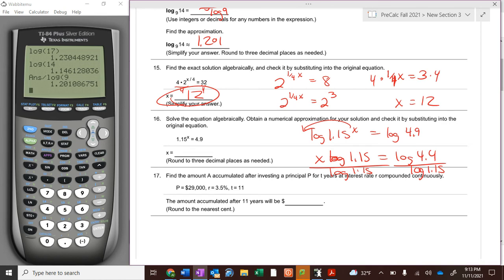So the log of 4.9 divided by the log of 1.15 is 10.601.